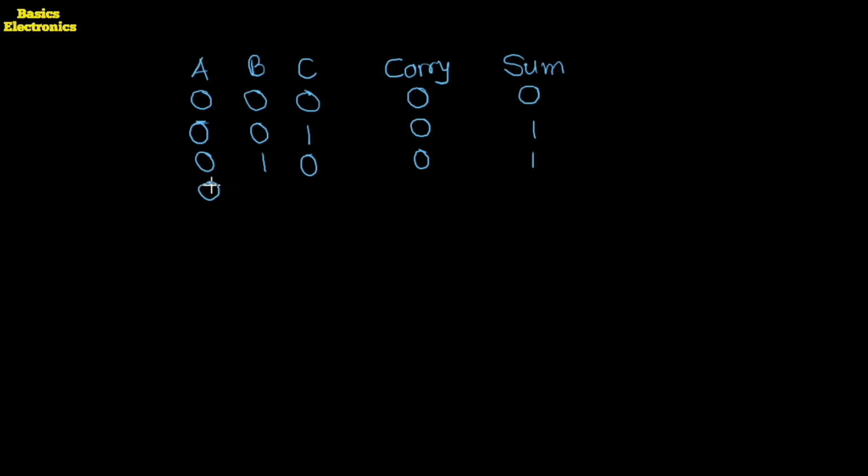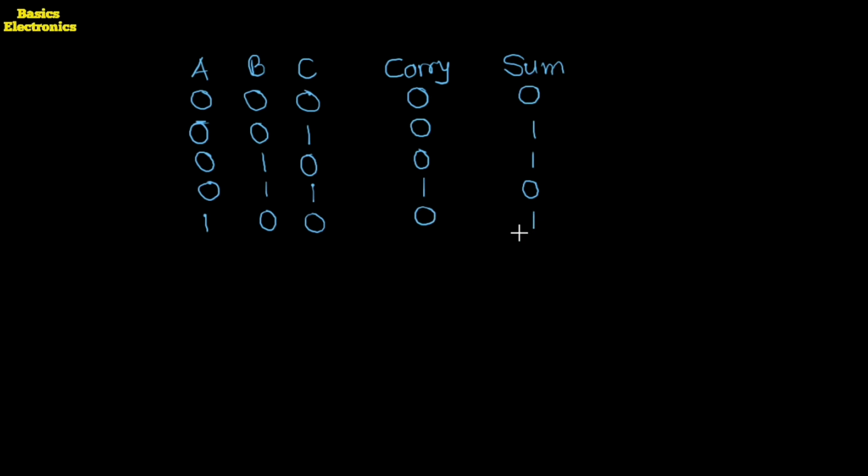When A is 0, B is 1 and C is 1, we get carry equals 1 and sum equals 0. When A is 1, B is 0 and C is 0, here we get carry equals 0 and sum equals 1.